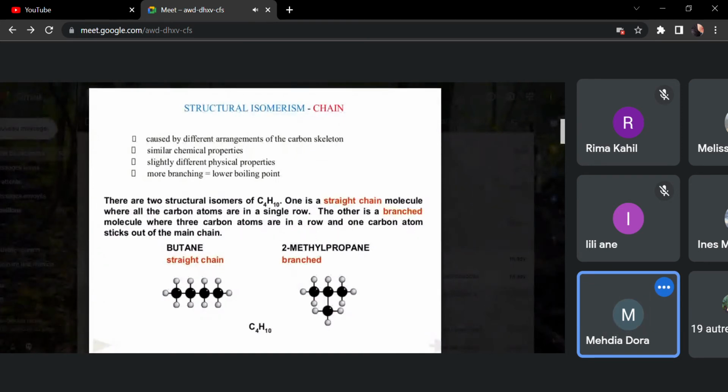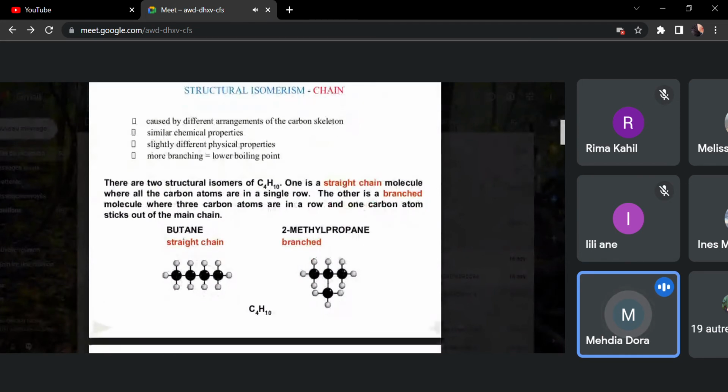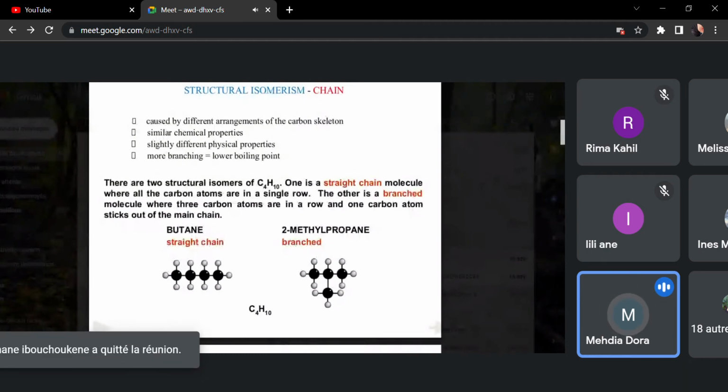The first is a straight line and the other is branched. This little difference makes the two molecules isomers. So you have butane, and the other is 2-methylpropane.